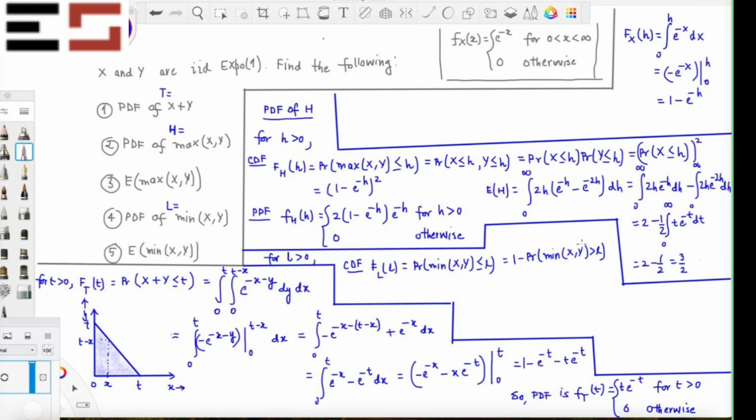And notice that the smaller of the two will be greater than L when both of them are greater than L, right?